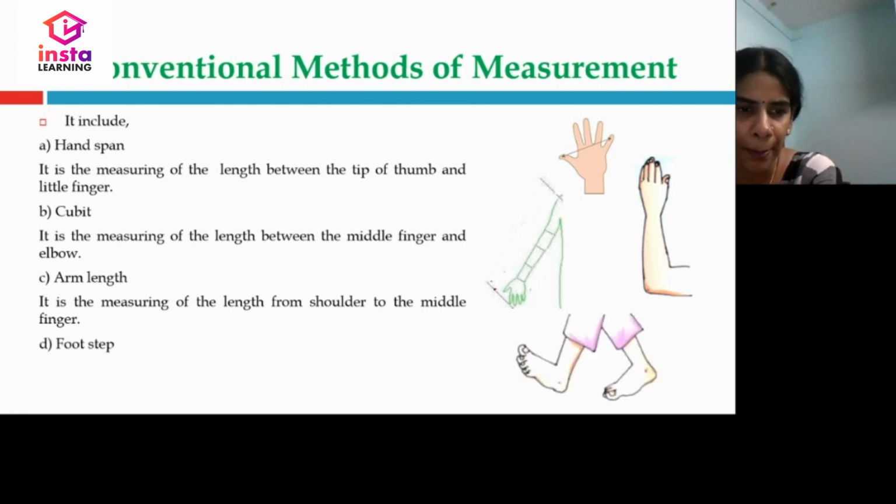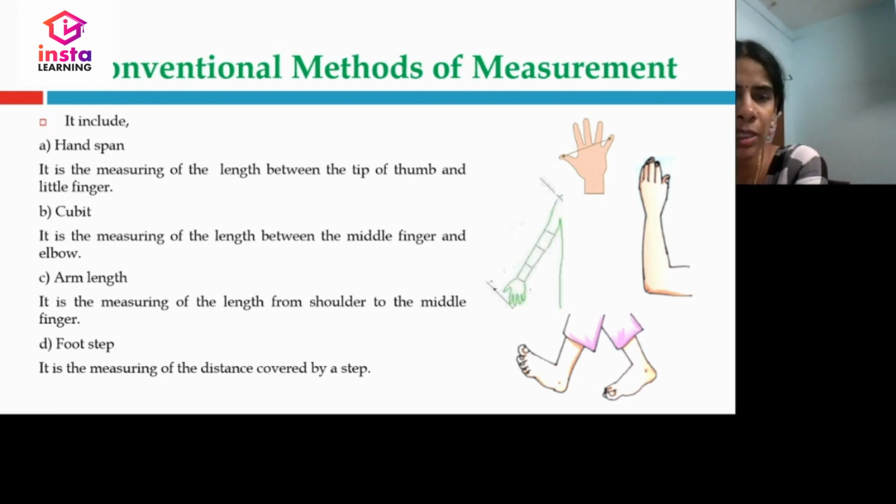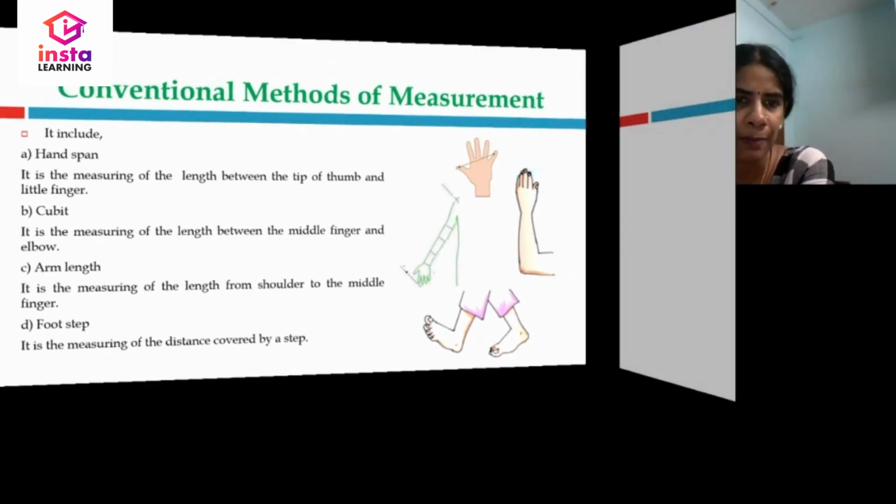Foot step. It is the measure of the distance covered by a step. So the conventional methods include hand span, cubit, arm length and foot step. These are methods used for measuring the length between two objects.